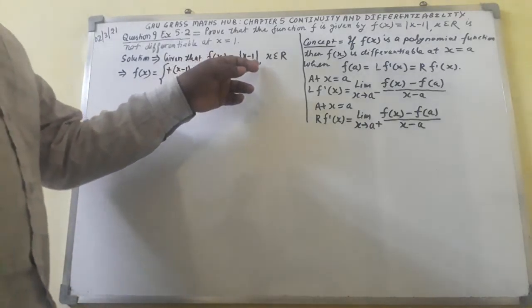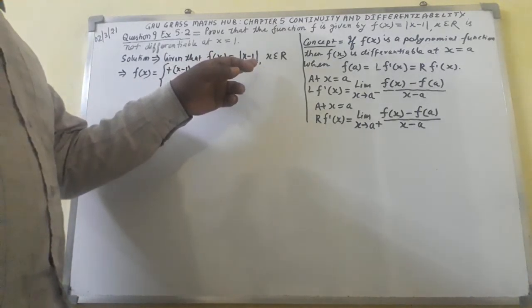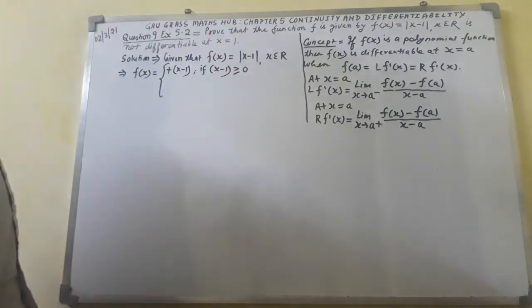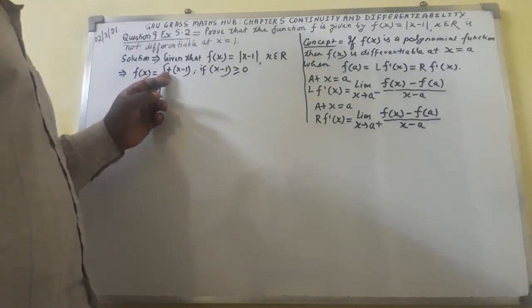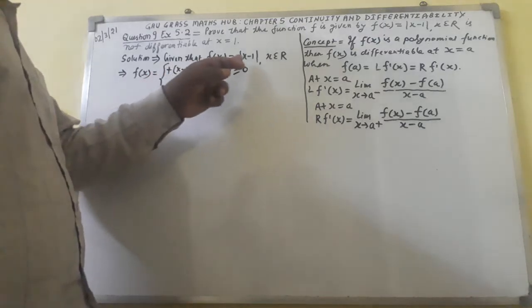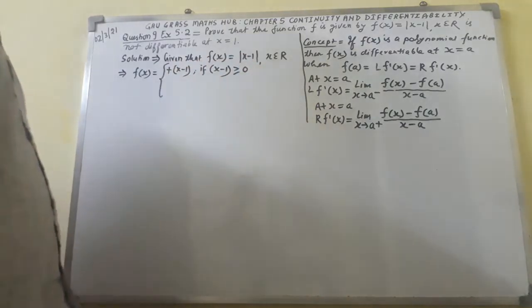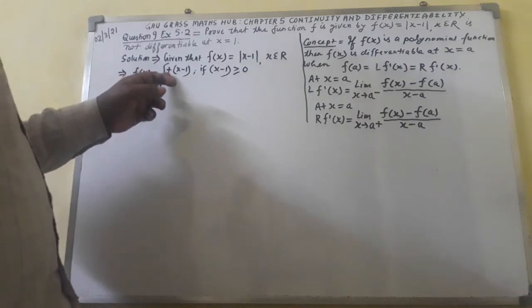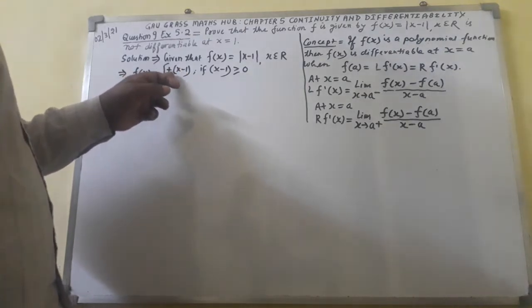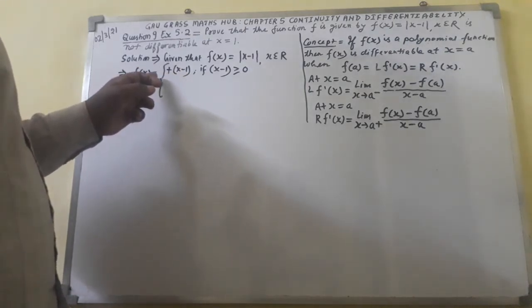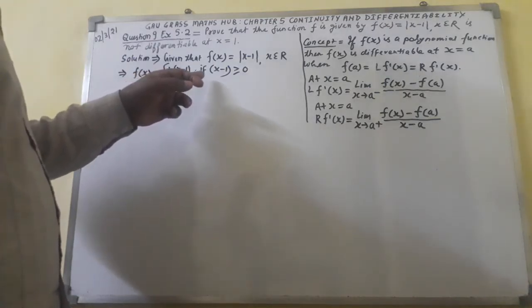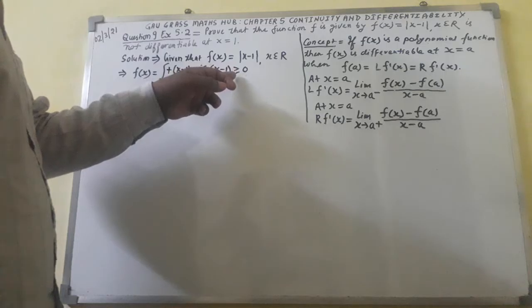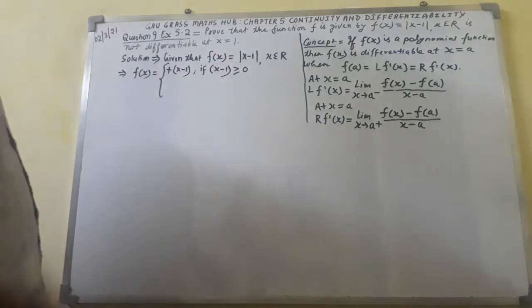This function will be f of x equal to plus x minus 1 when x minus 1 is greater than equal to 0.